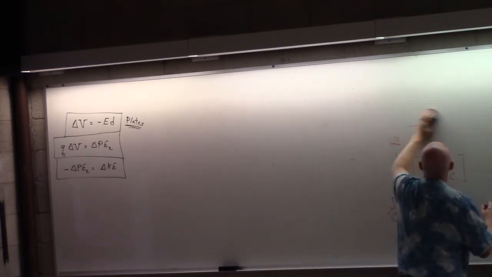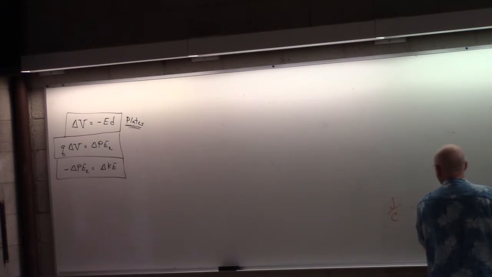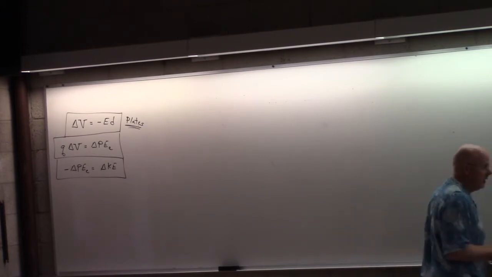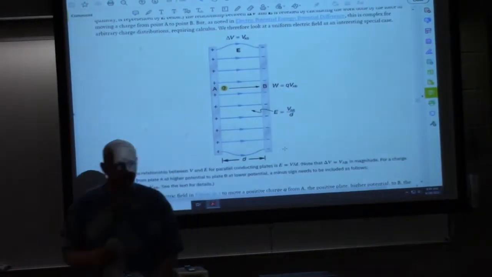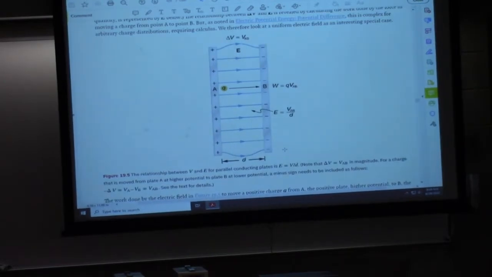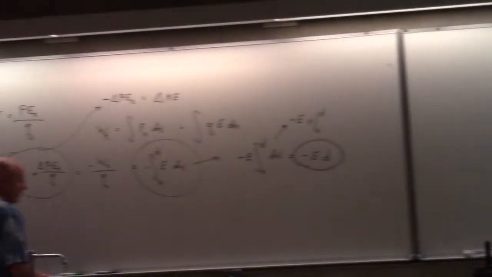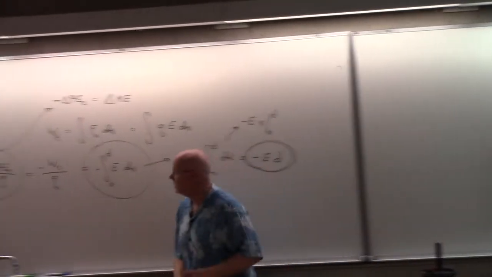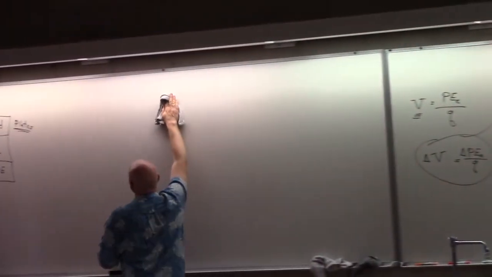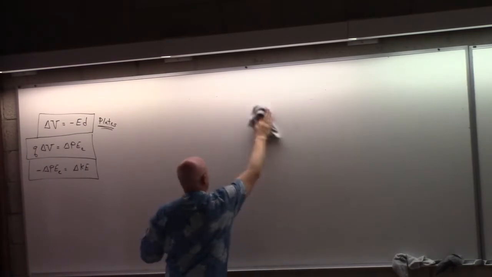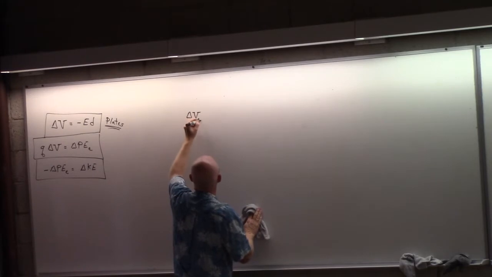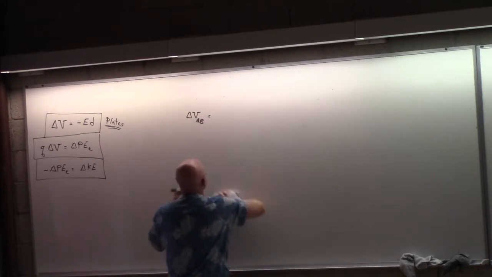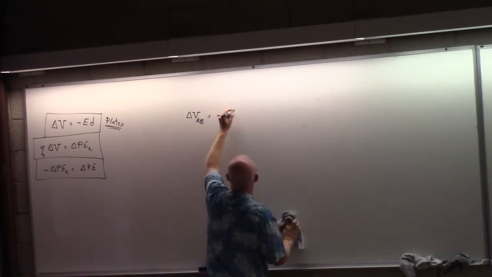And so if somebody were to ask me, hey, what's the speed of this charged particle when it leaves plate A and goes to plate B, I guess I would say it is something like this. I would say, all right, as it leaves plate A and goes to B, the change in potential from A to B is then equal to negative the electric field times the distance.